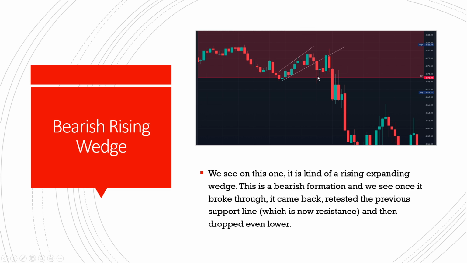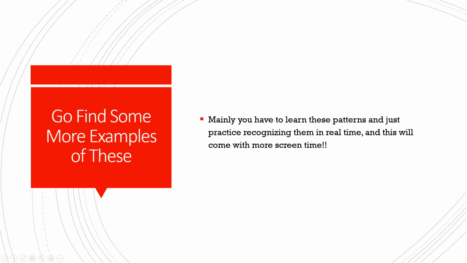Once we broke through, we came back up, kind of retested this line. And remember, when a support line is broken, it then turns into a resistance line. And when a resistance line is broken, it turns into support. So this support line is broken, turns into resistance. Right here we reject, then we fall.